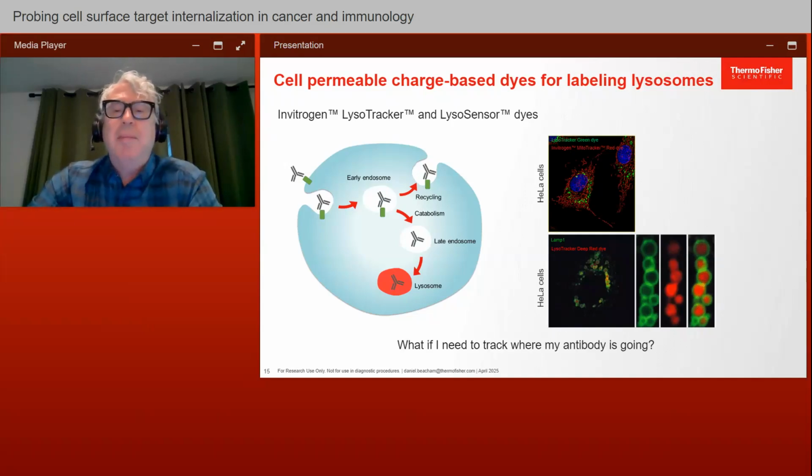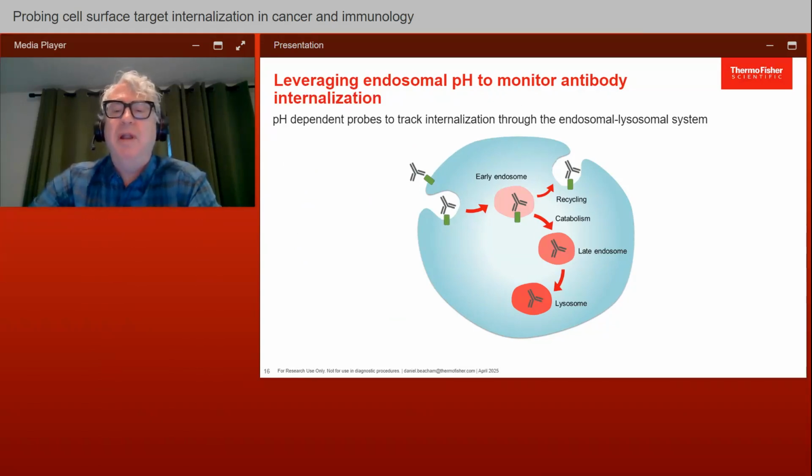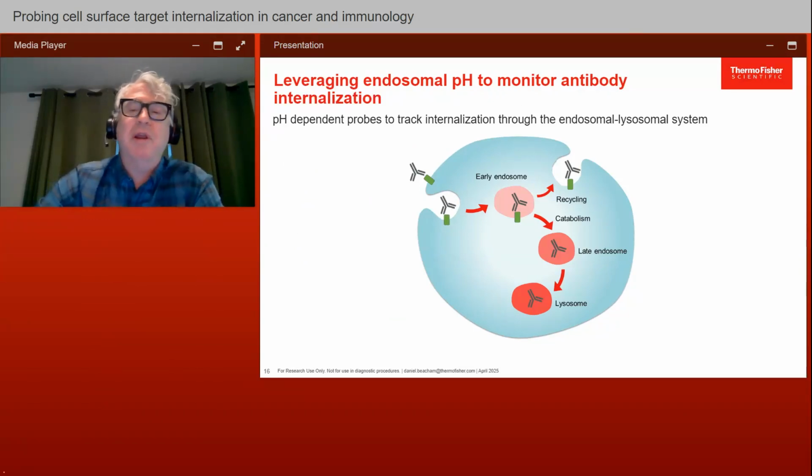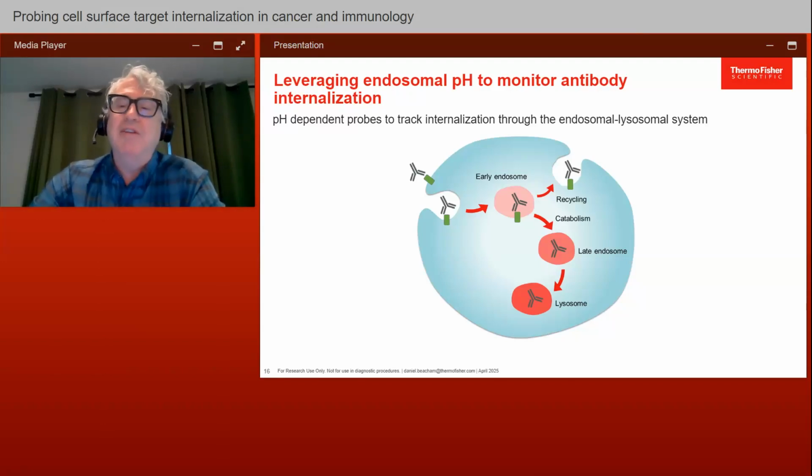So in order to visualize the rate of a cell surface target either cycling into the pathway or recycling back out of the pathway, and then the rate of movement between these compartments, we're going to leverage an important parameter here, and this is really key to the live cell. I mean, not to mention cells have to be alive to internalize and traffic these compartments.